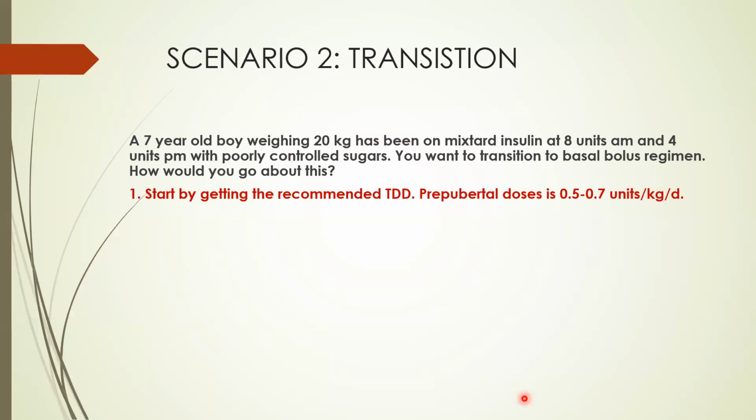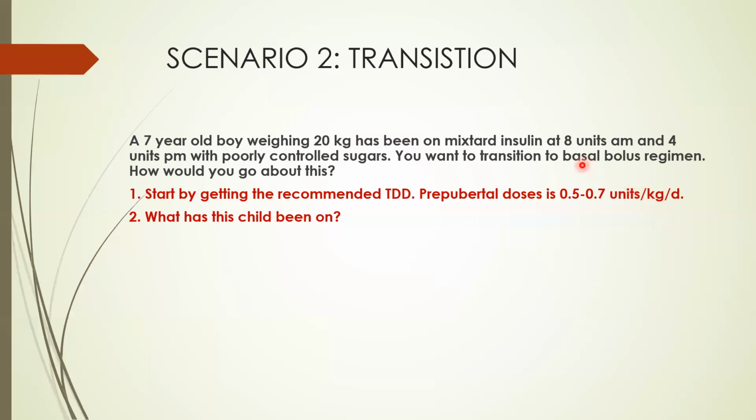So the first thing you want to do is start by getting the recommended total daily dose of insulin for this boy. This boy is 7 years old. He's prepubertal. The recommended dose for prepubertal children is 0.5 to 0.7 units per kg per day. That is the first thing. The second thing, ask yourself, how much total daily dose of insulin has this child been on?